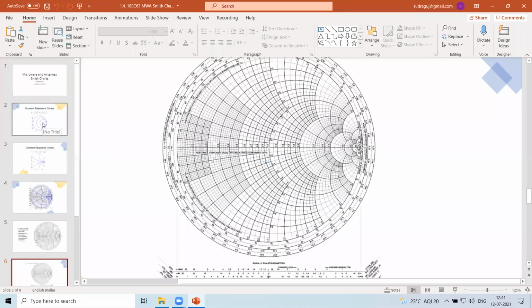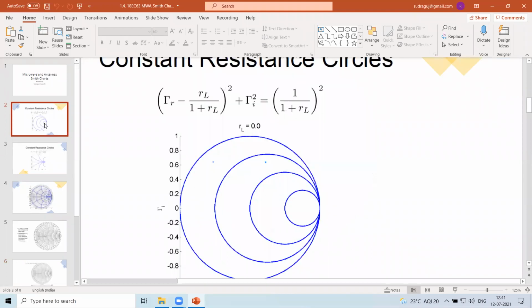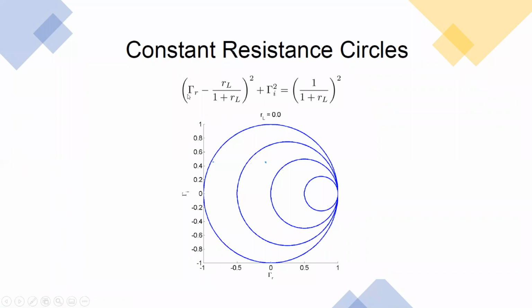Now let us have a look at what all things it consists of. Here we have constant resistance circles. Previously I displayed rho L, rho D, all those things. From that equation itself, we simplify the equation and try to represent it in the form of a circle.